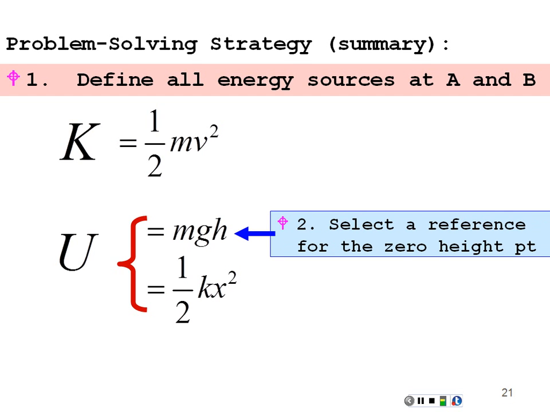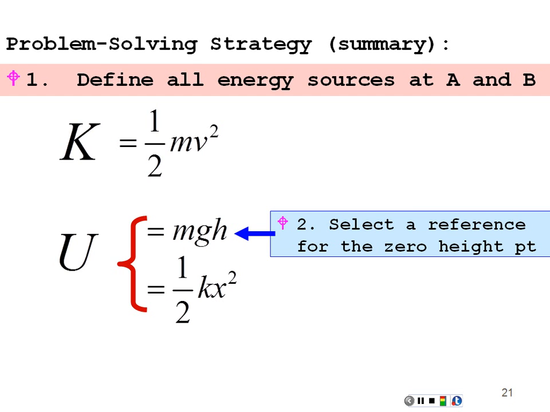For the height, you want to select a reference for your zero height in the problem. Usually, if you read the problem, select your lowest height within the problem as being your zero height, and everything above that will be positive. If you select some other arbitrary height, and in the problem you actually go below that height, then it's possible your height could be a negative value at some point, which is fine.